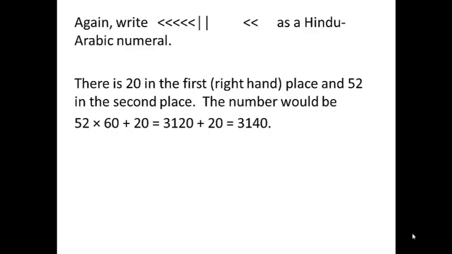We have this number. It is 20 in the right-hand place, the first place, and five arrowheads, 52 in the second place. So 52 times 60, the second place is the number of 60s, plus 20, and 52 times 60 is 3120, then add 20 and you get 3140.